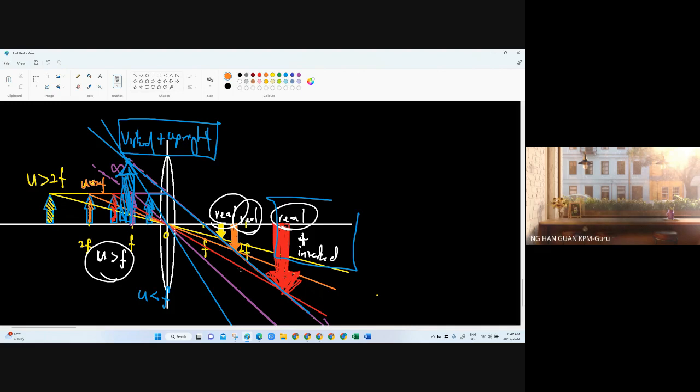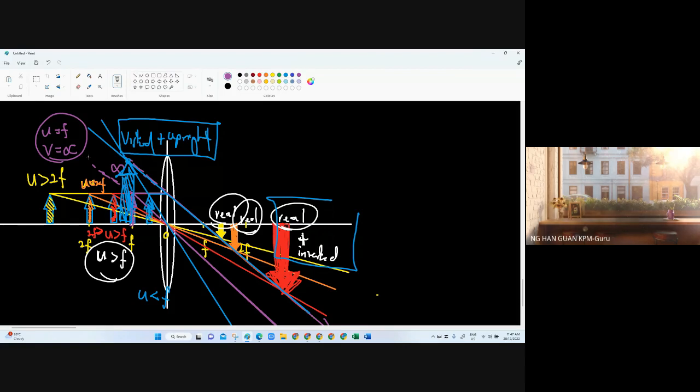When you draw with graph paper, you can see it's obviously the same size. For the object distance less than 2F and more than F, in between F and 2F, it's magnified. When the object is at F, the image is at infinity. It cannot be determined. There's no image formed.